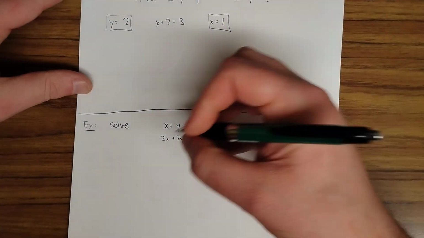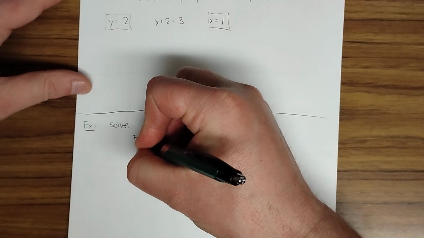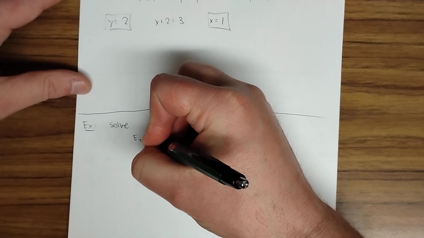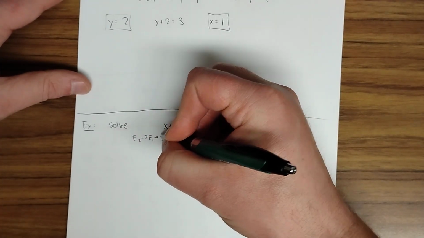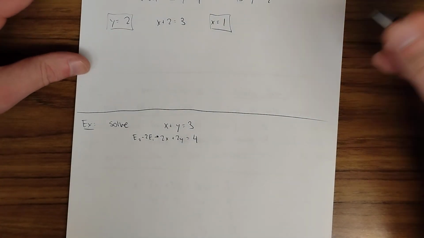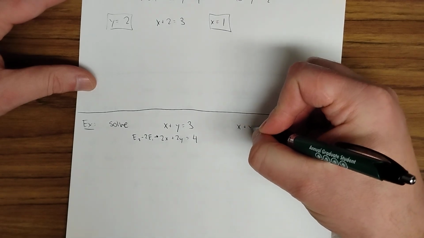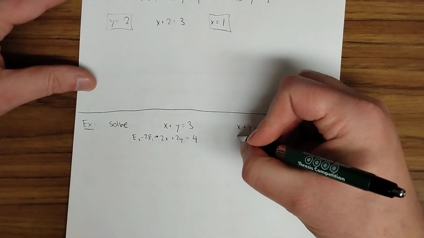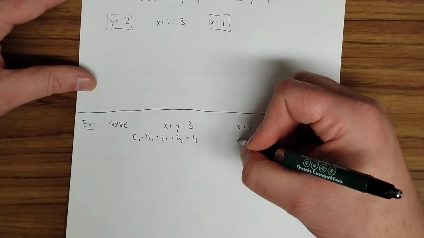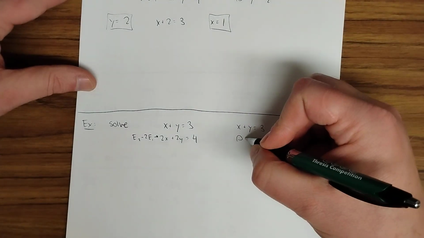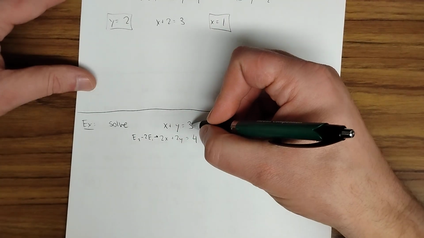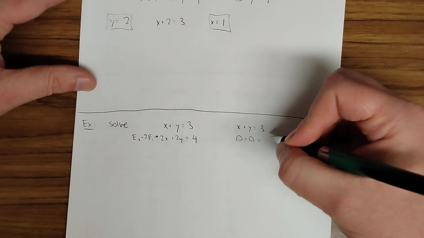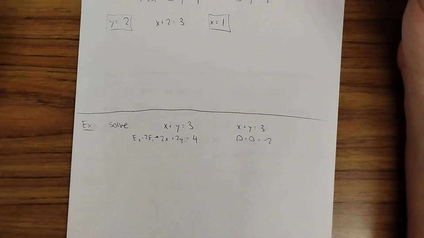So let's do this now. I would try the same thing. I would do equation 2 minus 2 times equation 1, because I still want to eliminate x from this equation. And what happens? Now 2x minus 2x is 0. 2y minus 2y is also 0. 4 minus 2 times 3 is still negative 2.